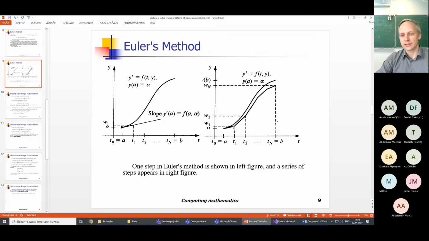After that, we can take this value and compute next approximation, next, and so on. So here, one step of the Euler method is shown in left figure, and a series of steps is shown on the right figure.